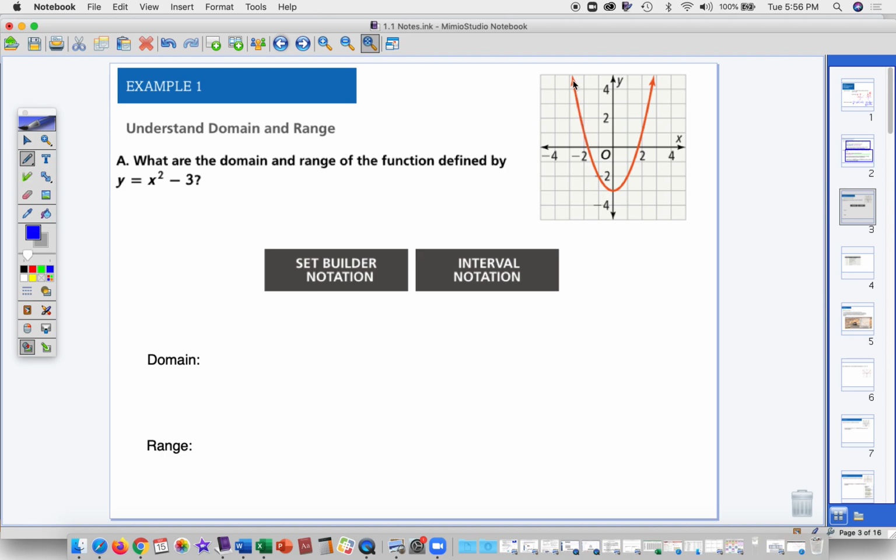Well, just like the other parabola that I drew, this is going to keep on going to the left, it's going to keep on going to the right. So there are no limits. It doesn't end anywhere along those x values. So when that's the case, for set builder notation, we can say that it's all real numbers.